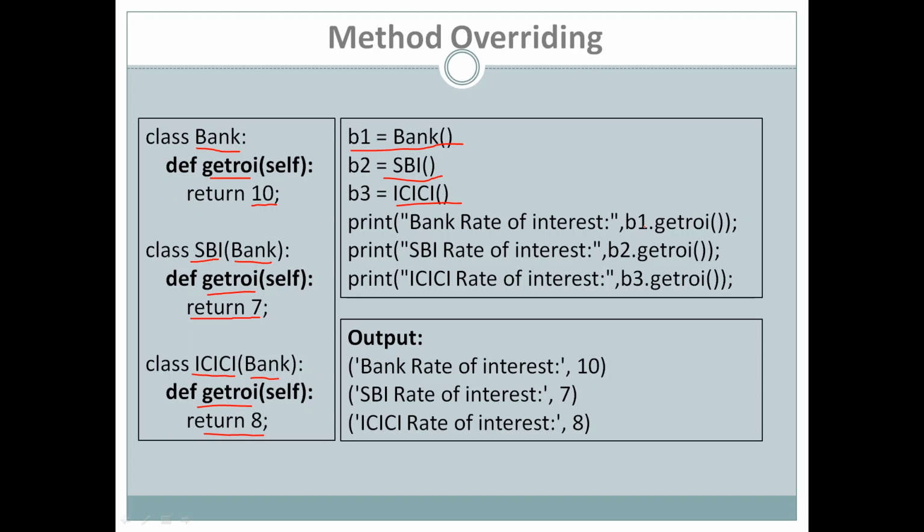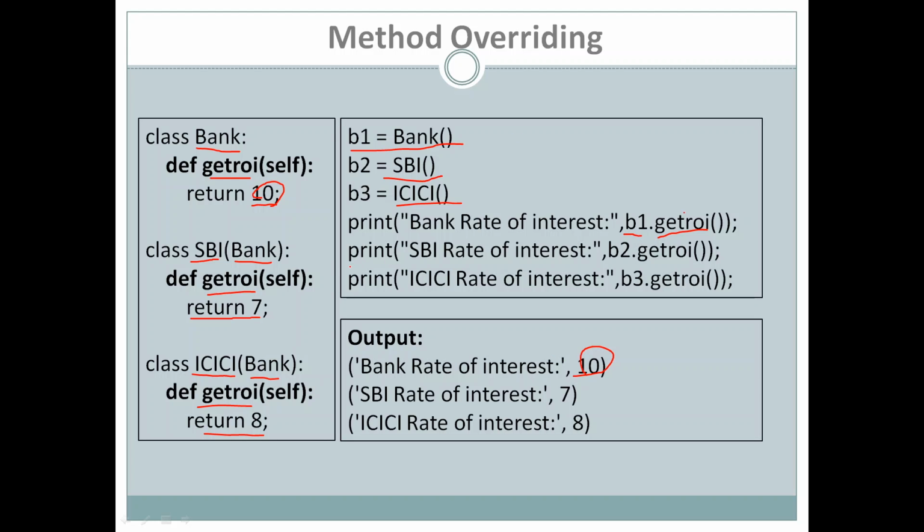When we try to print the rate of interest of the bank by using b1.getROI, since b1 is an object of Bank, it will call the method get rate of interest from the Bank class. Remember, the Bank class has only one get rate of interest method, because Bank is not inheriting any other class, and that returns the value 10. So the first print statement will print the value 10.